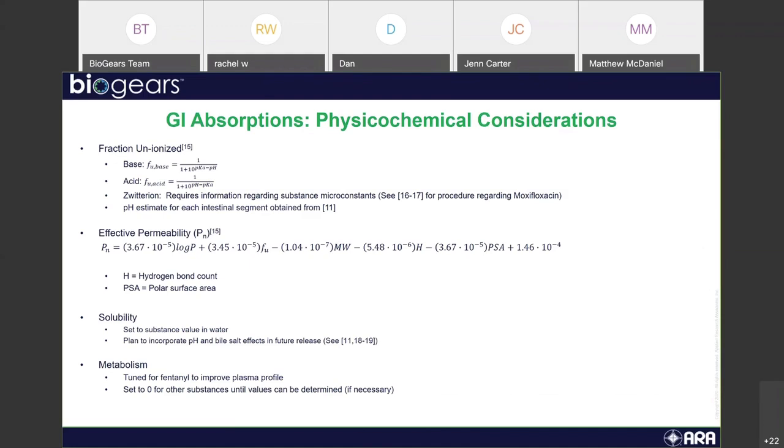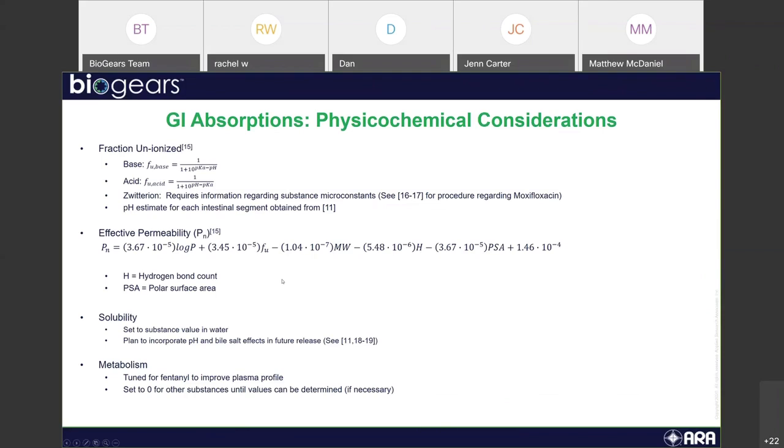That's how the Zwitterion transitions not just from positive to negative, but how it transitions from its various tautomeric states between neutral with no charge or neutral with a charge distribution. There is an example of that for moxifloxacin that we have implemented in BioGears, but that's a very substance-specific type of model. And our pH estimates, again, come from values in the literature.